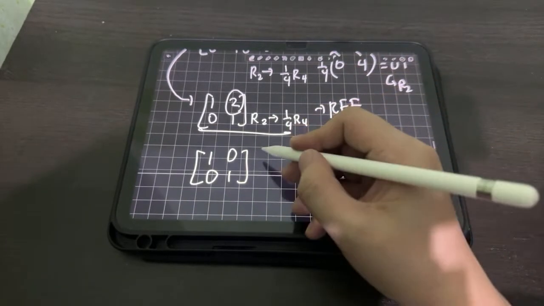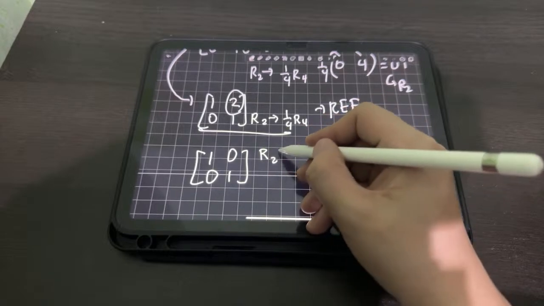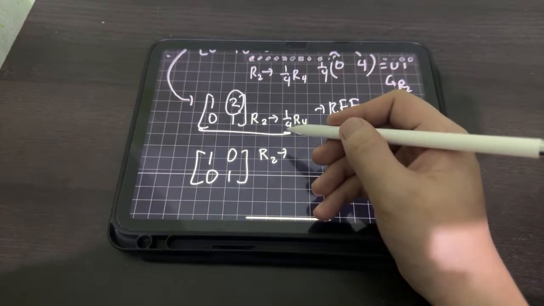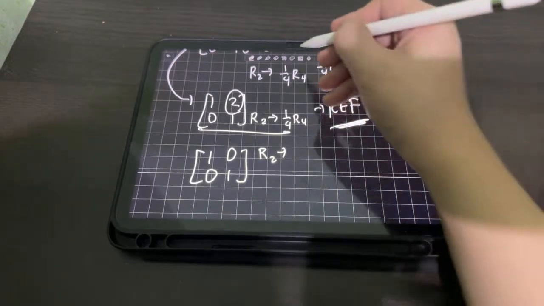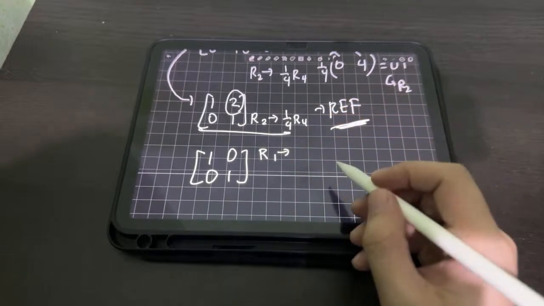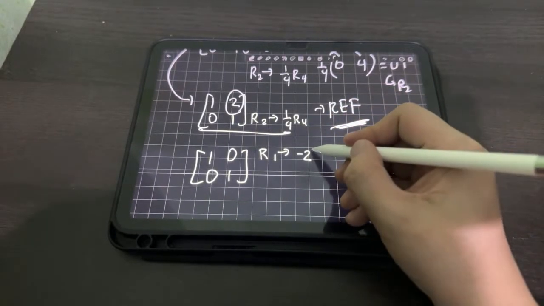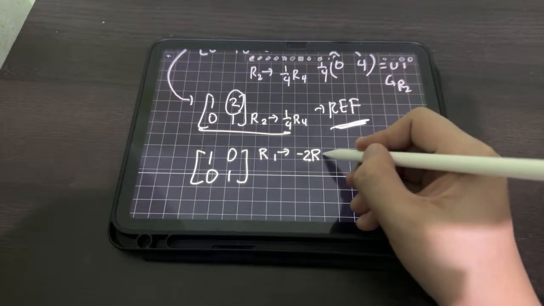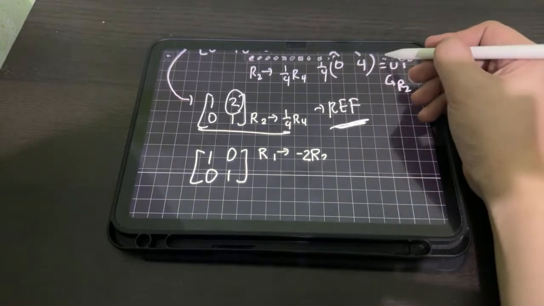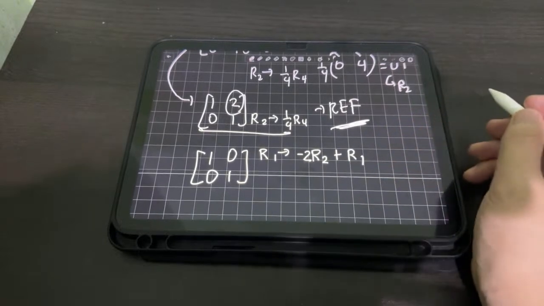If we notice that if we add, okay, we can add, sorry, R1 can be equivalent to negative 2 times R2 plus R1, okay?